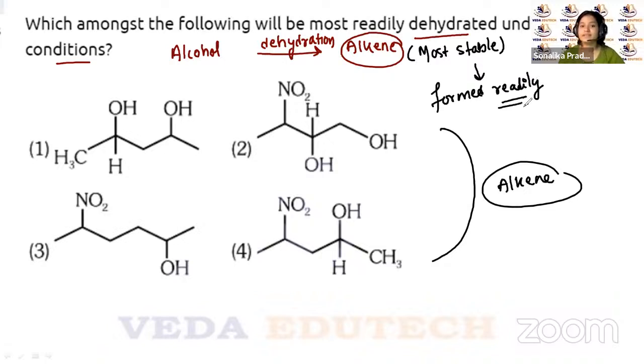So we'll check which one gives the more stable alkene; we'll try to form it in C here. Did you understand the concept? The concept here is that the alcohol whose alkene is going to be most stable will get dehydrated more readily. So here we are talking about the stability of alkenes after they are formed.